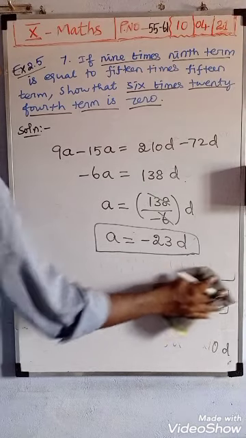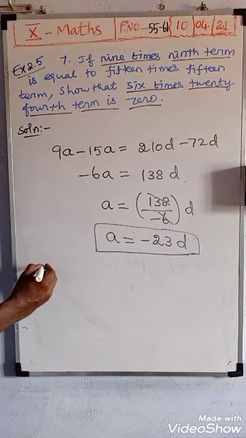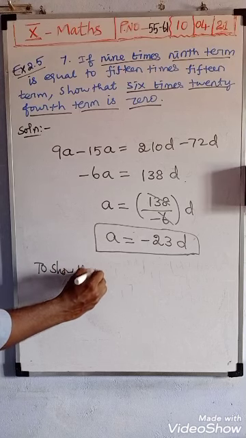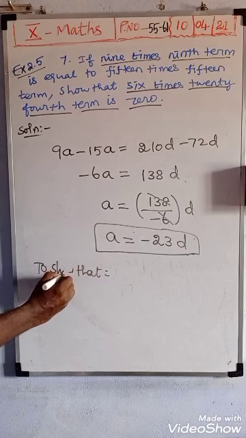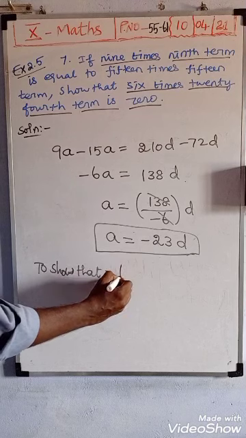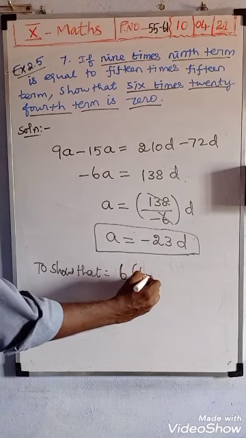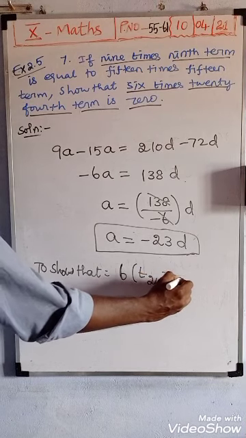Then what do we want to show? To show that 6 times the T24 term is 0.